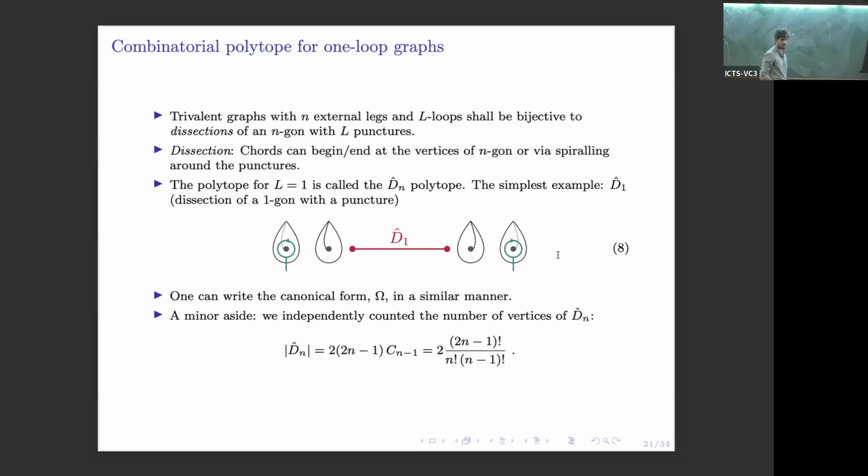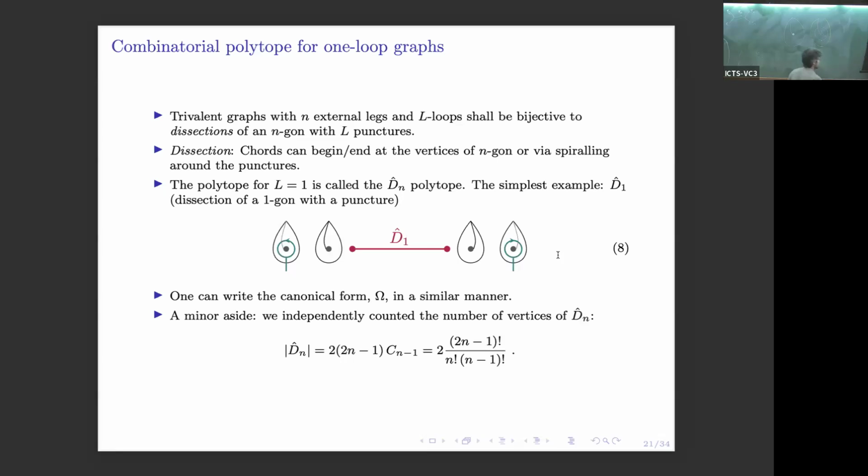So if I draw now a graph corresponding to this, the graph will be this. You put a vertex in each triangle, you put a vertex here, and then things are coming out of each of the edges. So it's coming out of here, it's coming out of here, it's coming out. And then when these two match, what you get is a tadpole, okay? So that is one dissection from this thing that you draw.